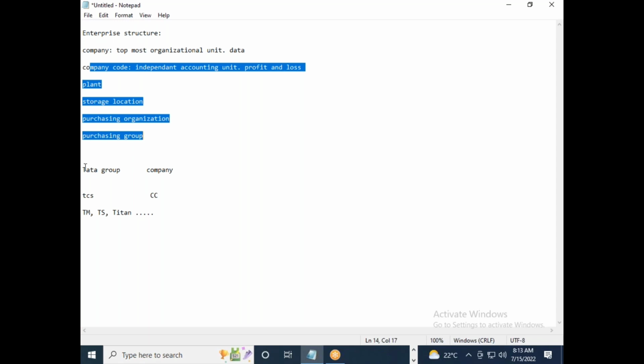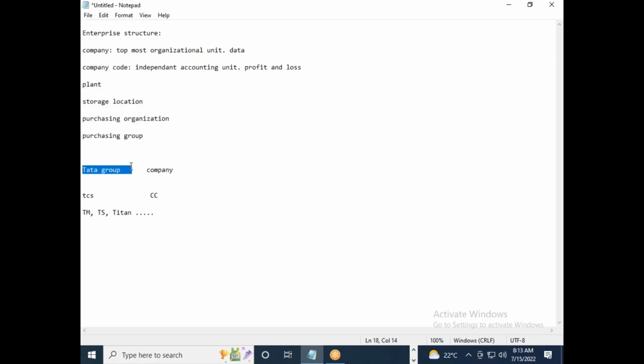Here also, in the Tata group, a board of directors will be there. Whatever decisions the board of directors takes will be applicable to all the remaining organizations. So that is the definition of a company in the enterprise structure.